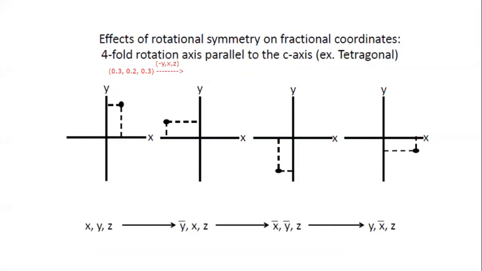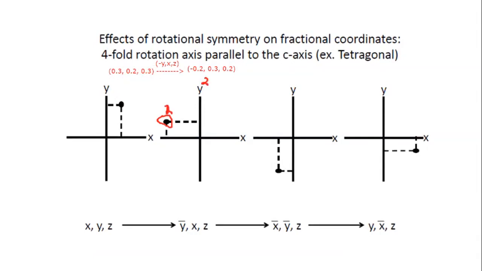So when we do that, the new x is the negative of the y, negative 0.2, then 0.3, 0.2. That's a 90-degree rotation. That puts us right here. So this is number 2.